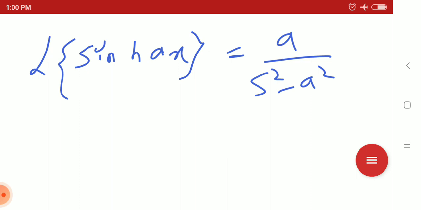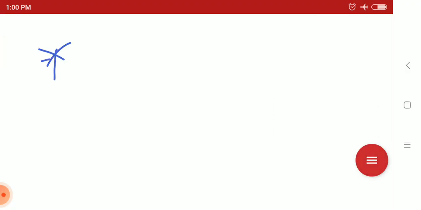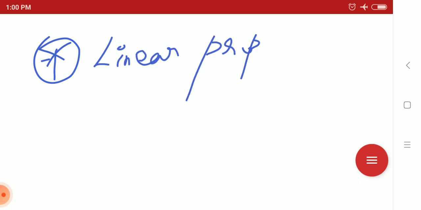Another property of the Laplace transformation is the linear property. Linear property means what?